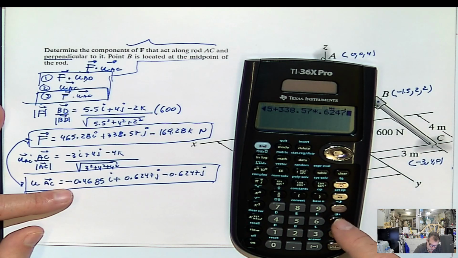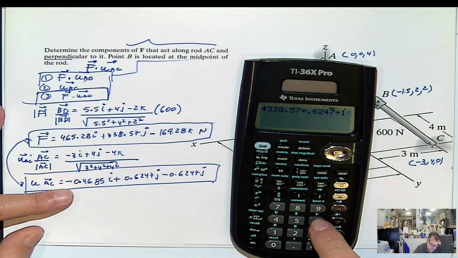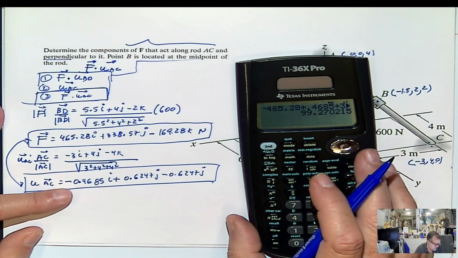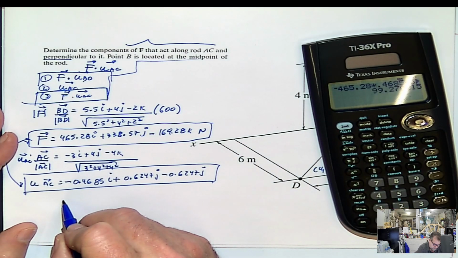minus is plus 169.28 times 0.6247, and that gives you 99.27, or 99.3.